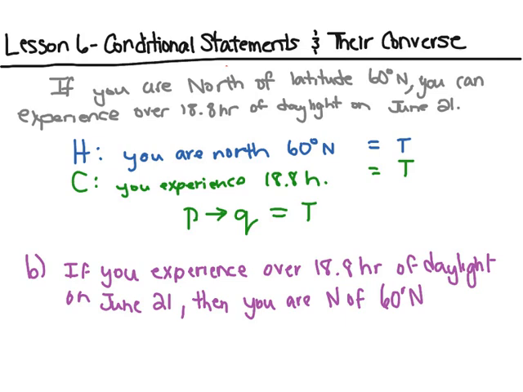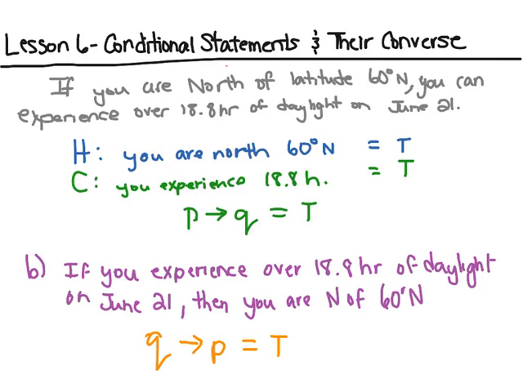What this is saying is that only certain areas of the world will be able to experience over 18.8 hours of daylight, and it's usually very north. So if you experience this amount, then you have to be north of 60 degrees north. So this is also true. So not P then Q, sorry, Q then P is true.